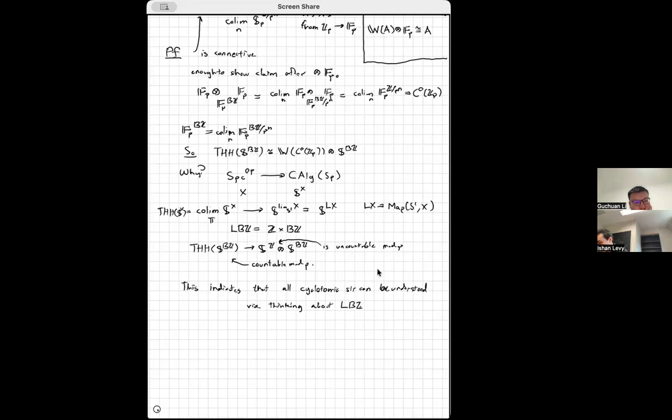For example, the free loop space on BZ has a circle action coming from rotating the circle that you're mapping in, and that should correspond to the circle action on this ring.